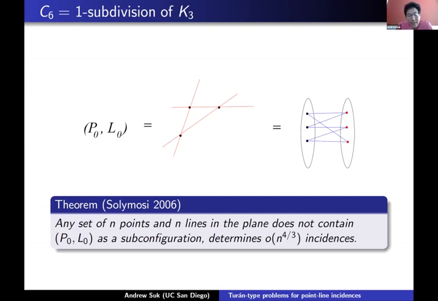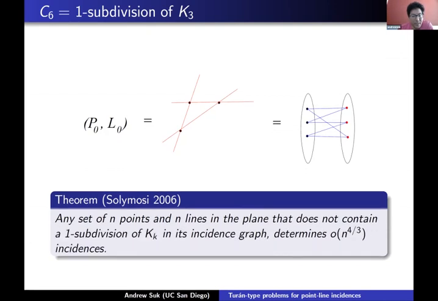And of course, what he actually proved was something more general. This thing here, the C6, you could think of it as a 1 subdivision of K3. And what Simonovits actually showed was that if you forbid in the incidence graph a 1 subdivision of the complete graph on K vertices, where K is fixed, then that implies that the number of incidences between n points and n lines with this thing forbidden is just little o of n to the 4/3.